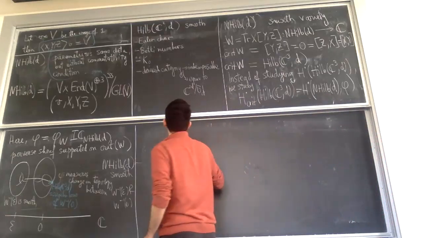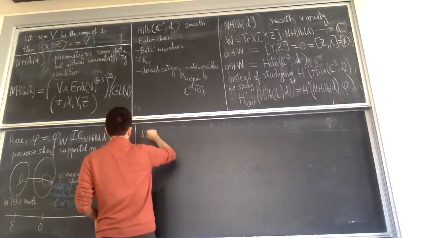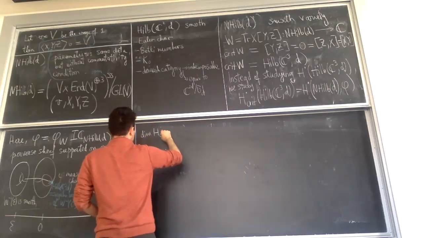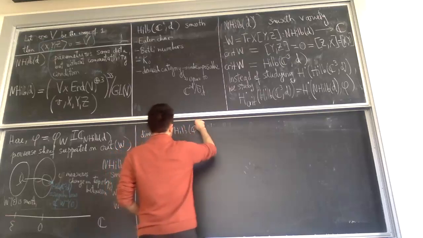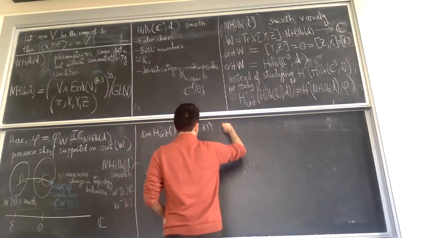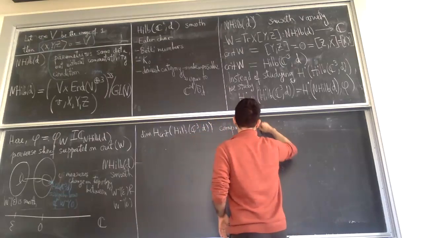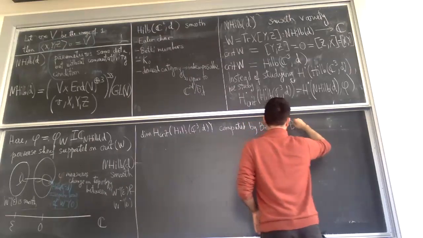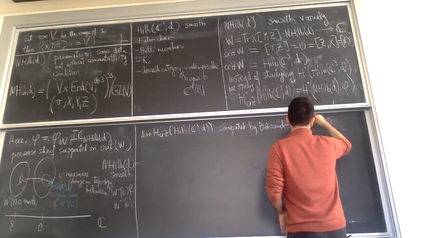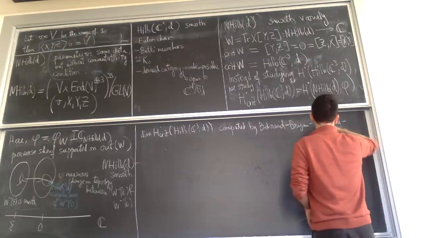Okay, so maybe before, I should mention that now one can compute the dimensions of this critical cohomology. I'll just write computed by Behrend, Bryan, Szendrői, Davison.